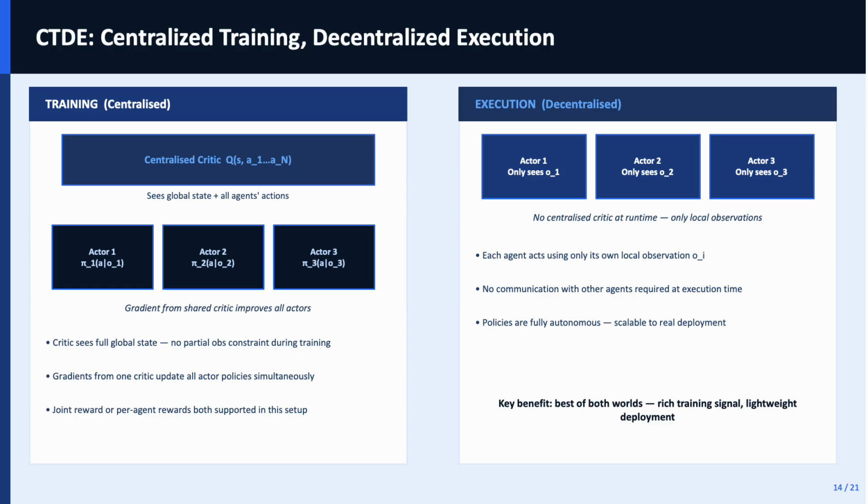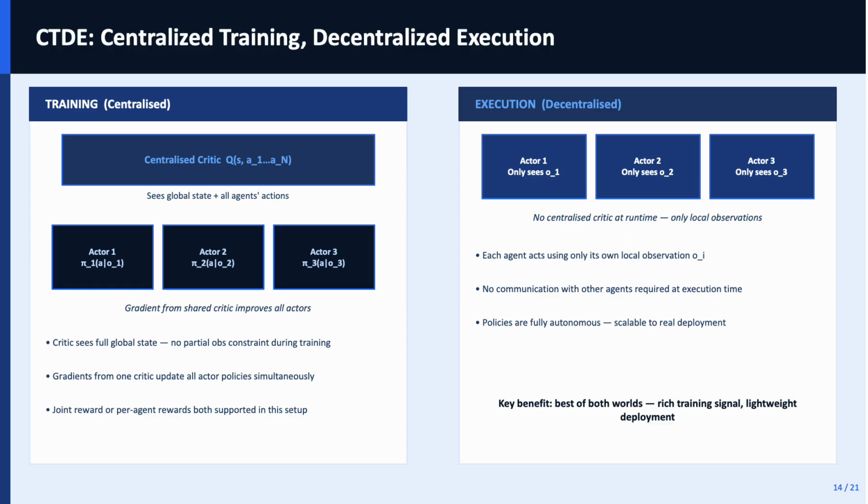During training, which happens in simulation, we can give a shared critic access to the full global state: all agents' positions, all agents' actions, all agents' observations. This is because this information exists inside the simulator and can be freely accessed. During deployment, each physical agent can only observe what its own sensors can see.